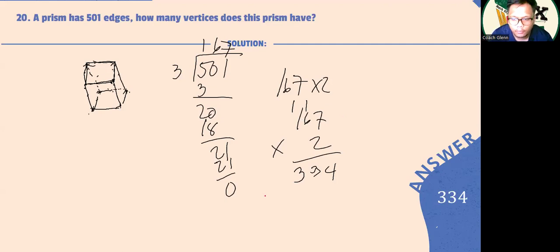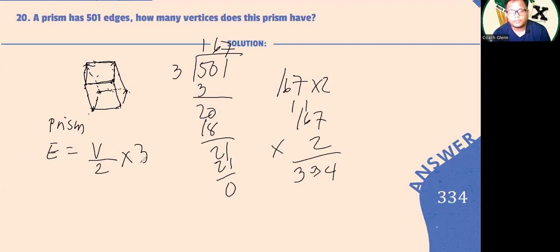So one shortcut that we can do here: for a prism, edges is just equal to vertices divided by 2 times 3, okay?